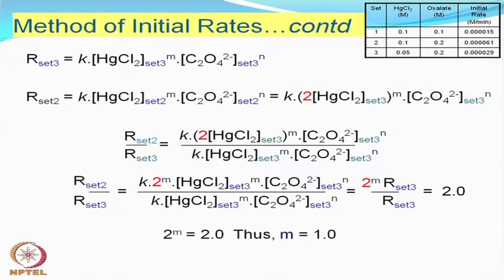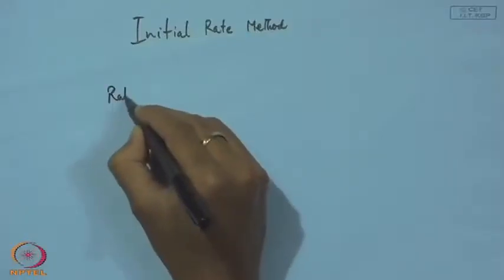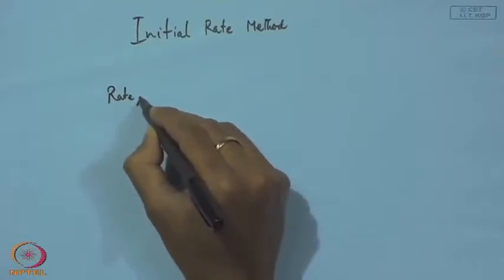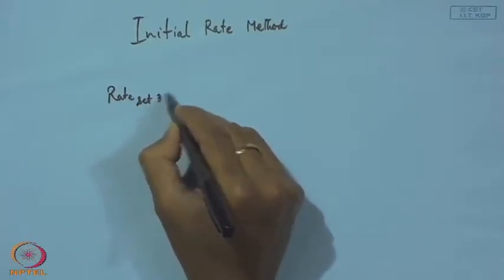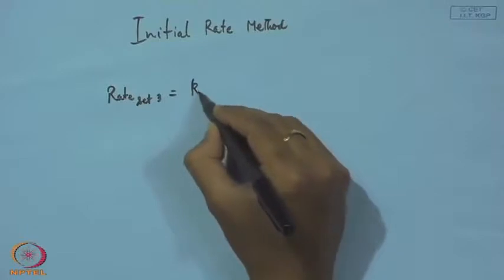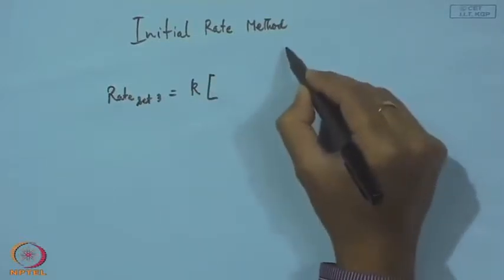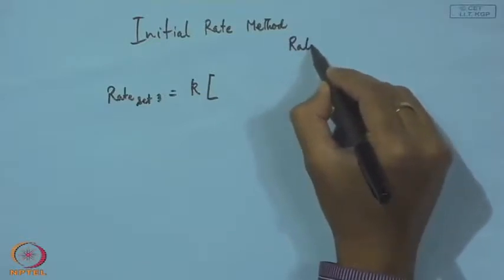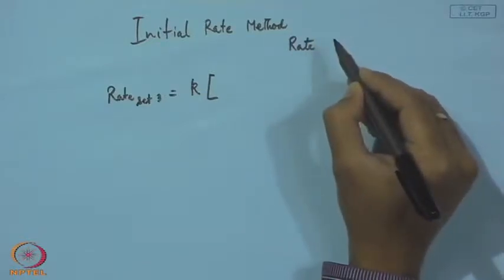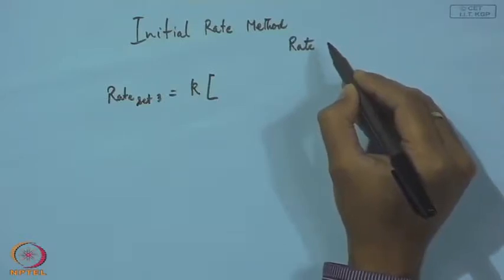Okay. So again we use this expression, rate for set 3, is equal to the rate constant. We do not know exactly the rate with respect to mercuric chloride and the rate with respect to oxalate.